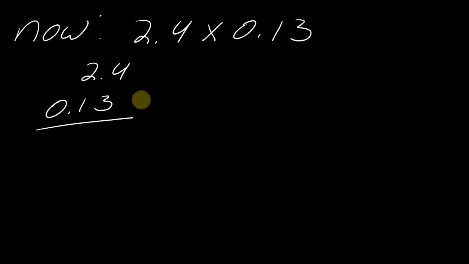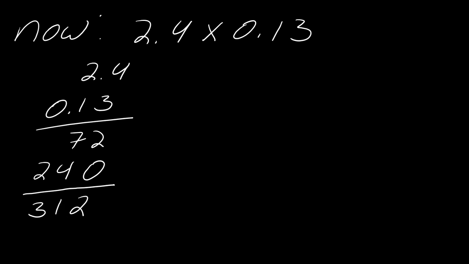If I take 3 times this part here, that gives me that 72 again. Then I take 1 times all of this, and I carry that 0. I'm setting this up as if it were just normal multiplication, and I'll ignore this last 0 for a minute. I multiply like usual, and I get this 312.